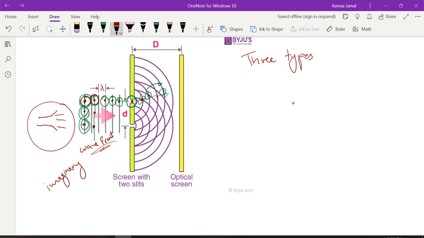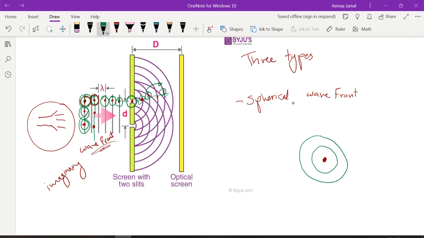The first one is the spherical wavefront. Here is our wavefront in the middle. The waves of light around it will spread in spherical shape, in different directions.